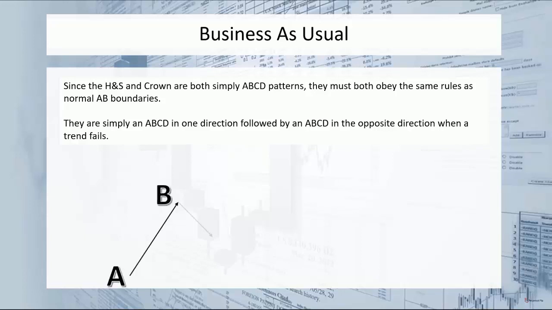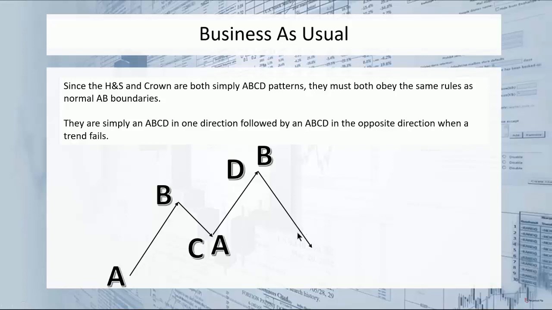If you've been tracking an ABCD pattern and all of a sudden your next AB boundary fails, you'll be able to execute that reversal. Okay, so here's my ABCD completed. I then know that C should become A and D should become B. What the market should do next is retrace to give me another C and then to the D, but instead what it does is it goes past the new A price.